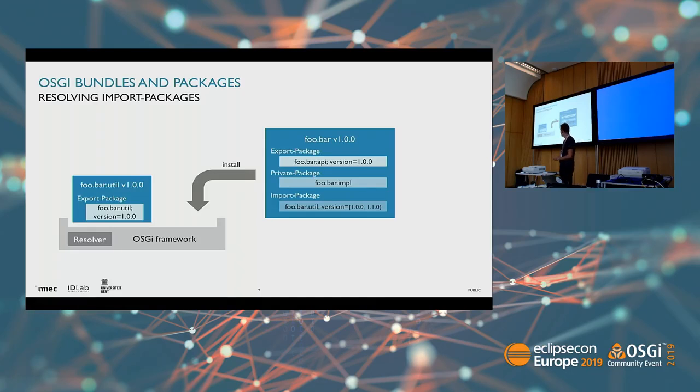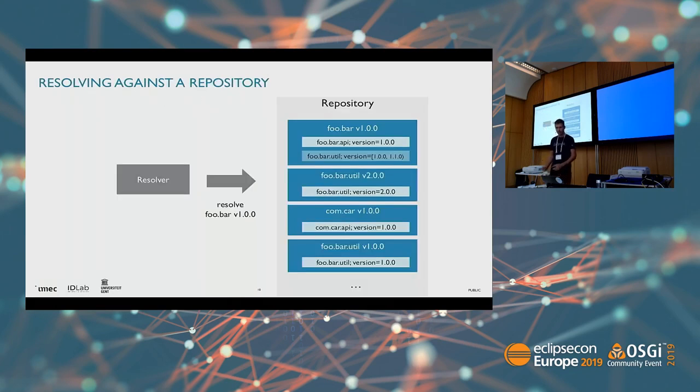Now, of course, the cool part of this resolver is that you can also use it outside of your OSGi framework. So basically you have a resolver, and you have a repository of all the nice libraries that you ever found on the internet that you want to use, and you put these in a repository. And then you can ask the resolver, what if I need foo.bar version 1.0.0?